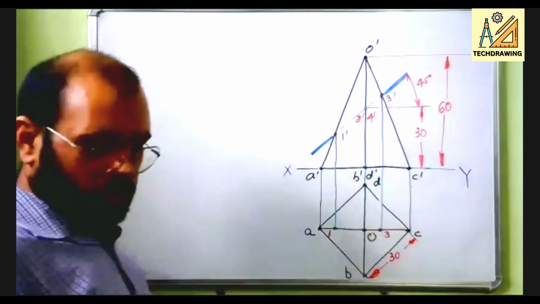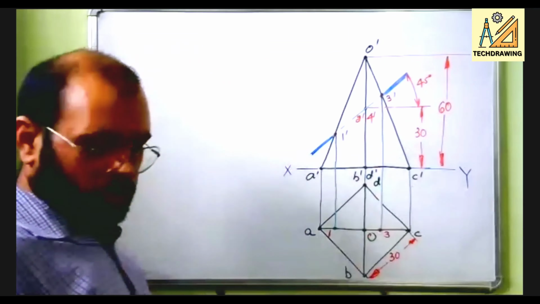Now, you are unable to identify where 2 and 4 are there in the top view, because 2 will be over here, 4 will be over here. And if you see, this distance is like this. Now let us say this is the center.